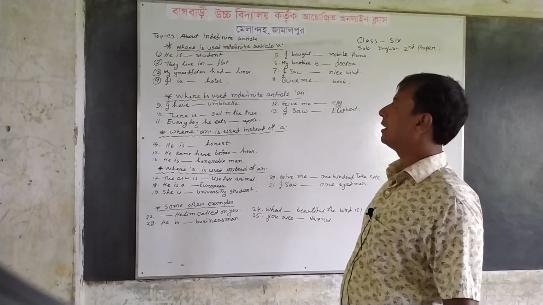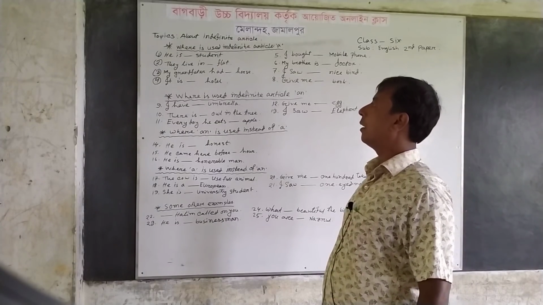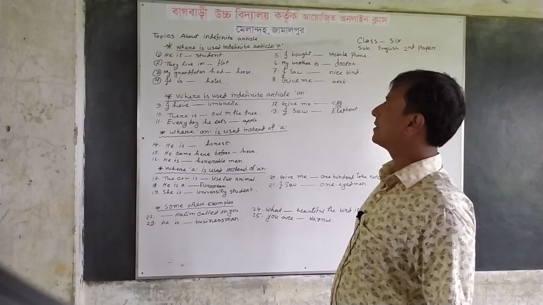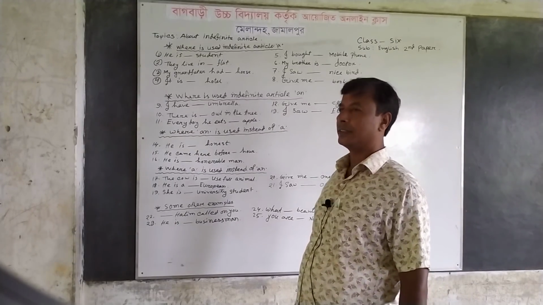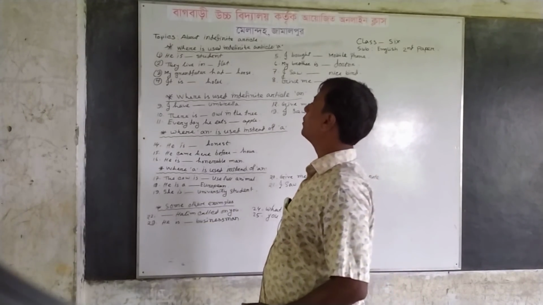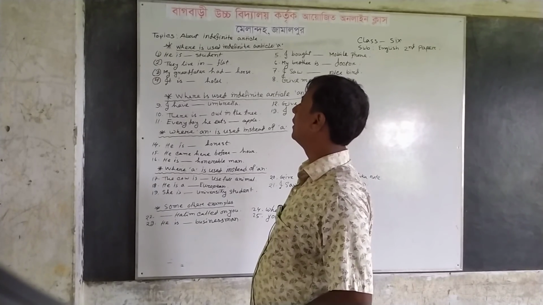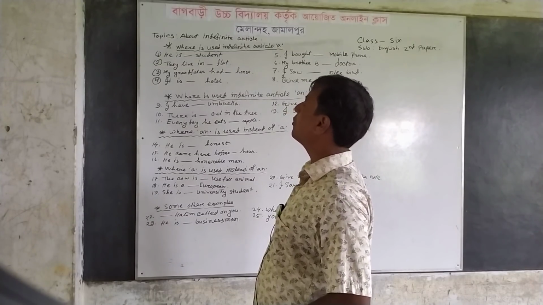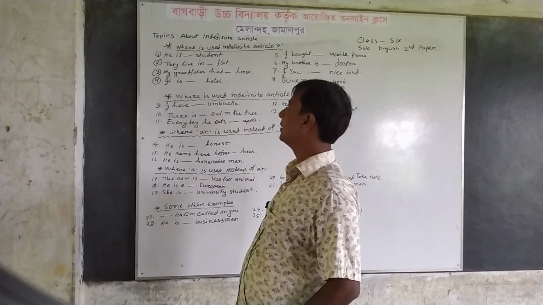If the first letter of a singular countable noun is a consonant, we shall use A. We shall use indefinite article A.